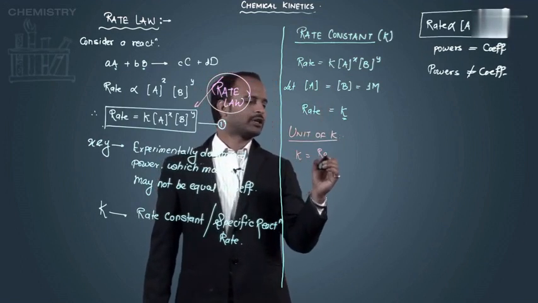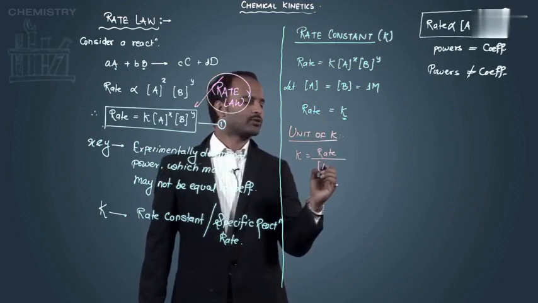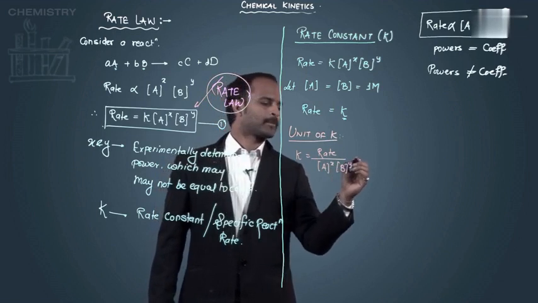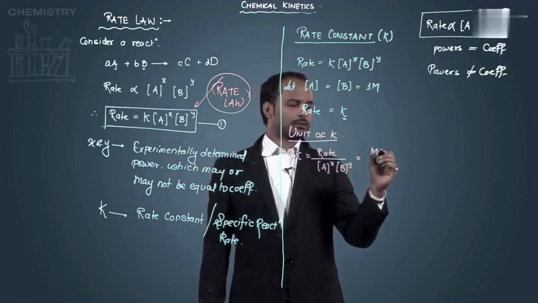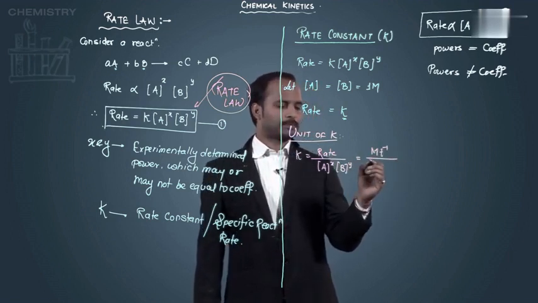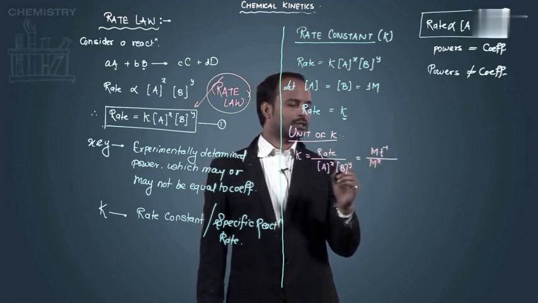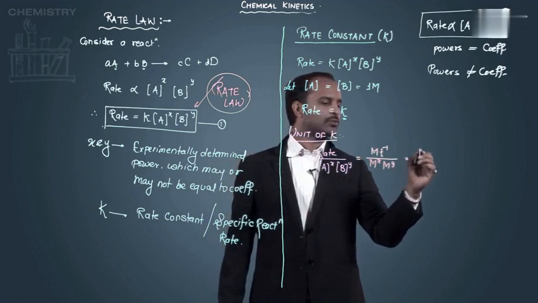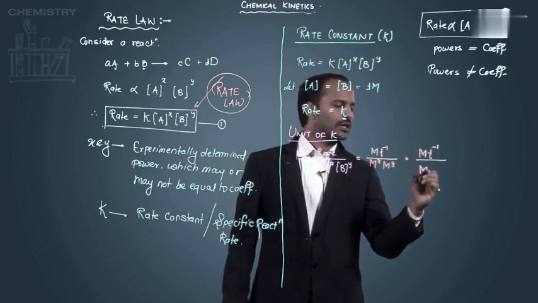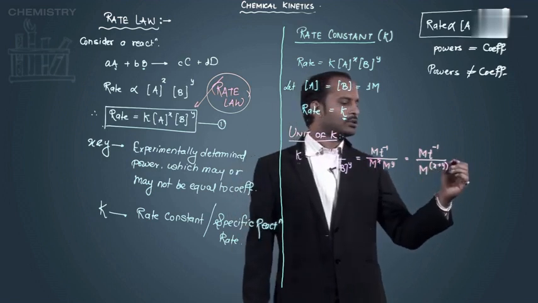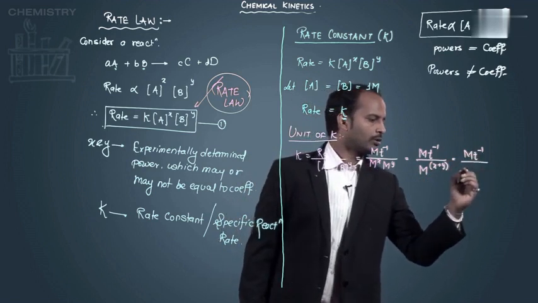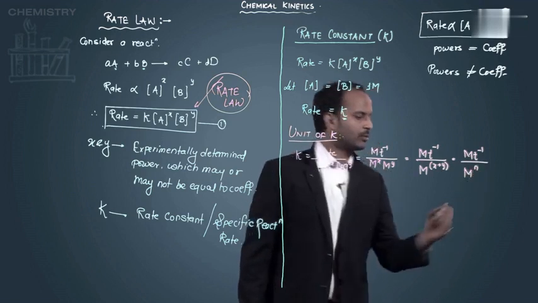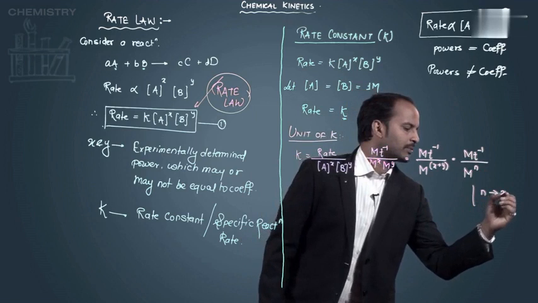K is equal to rate upon molar concentration of A raised to X and B raised to Y. The unit for rate is molar per time, upon M raised to X and M raised to Y, which can be written as molar per time upon M raised to X plus Y. Instead of X plus Y, I am writing n. What is n? It is equal to X plus Y.